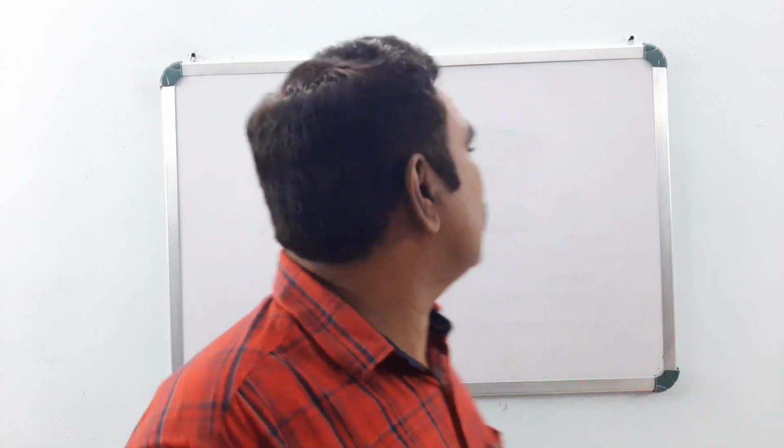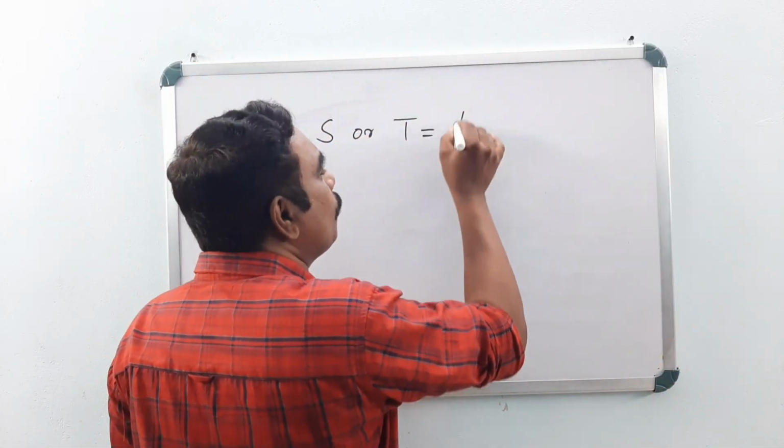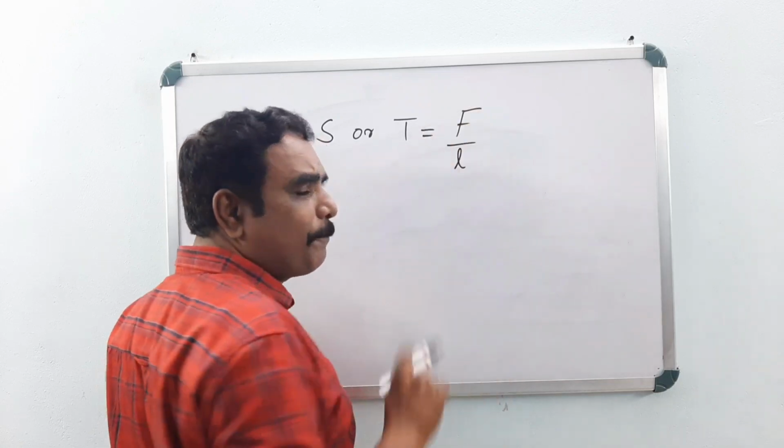So by that definition, to put it briefly, for +1 examinations, you can very well write surface tension is equal to force per unit length.